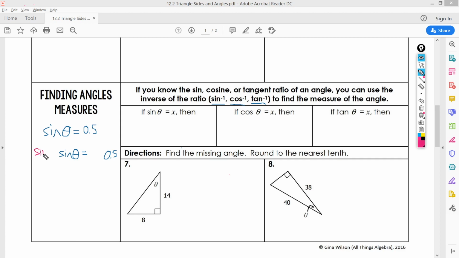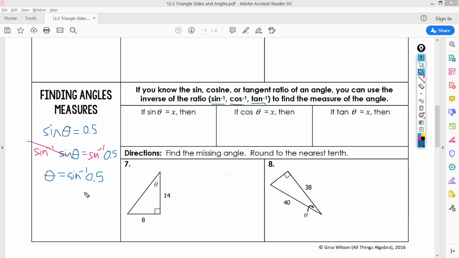So here's inverse sine, and here's inverse sine. When I have sine of theta and I just want theta by itself, to get rid of sine, I do inverse sine on both sides. Inverse sine of sine cancels, just like addition and subtraction cancel, just like squaring and square roots cancel, just like multiplication and division cancel. So inverse sine and sine cancel. And what I get now is theta is equal to inverse sine of 0.5.